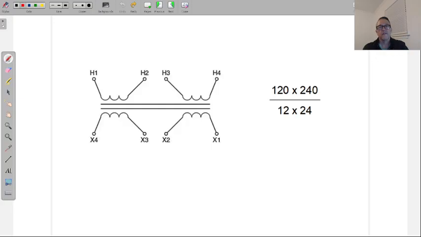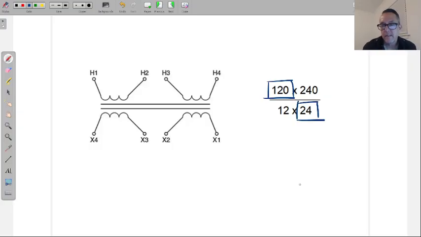Because when you are selecting between the parallel and the series connection, all right, let's make a quick selection. Let's say we have 120 volts nearby, so we're going to connect to that. And I'm going to connect this to some lights that are 24 volts.